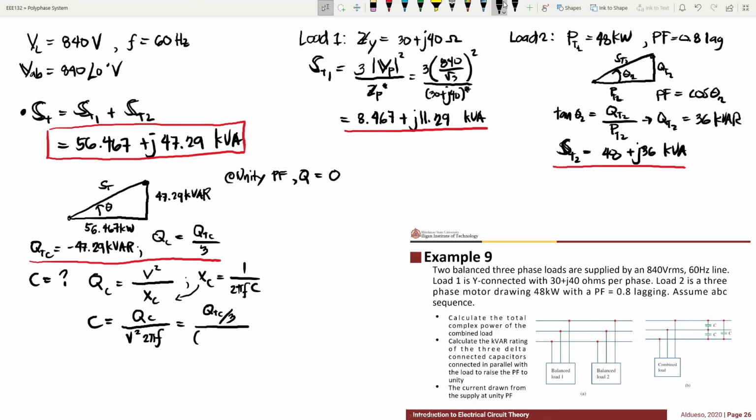If you look at the figure, the three capacitors are connected in delta, so the voltage across one capacitor is equivalent to the line voltage, which is 840, squared, times 2 pi, and F is given as 60 hertz.